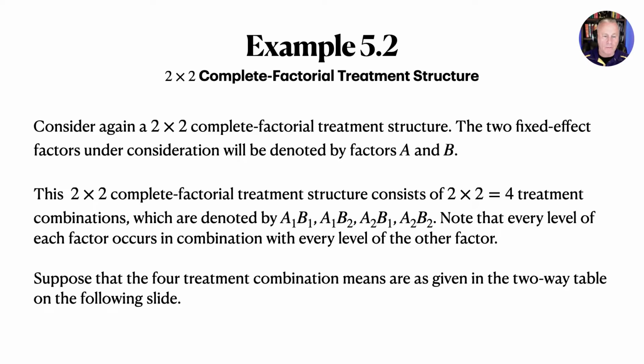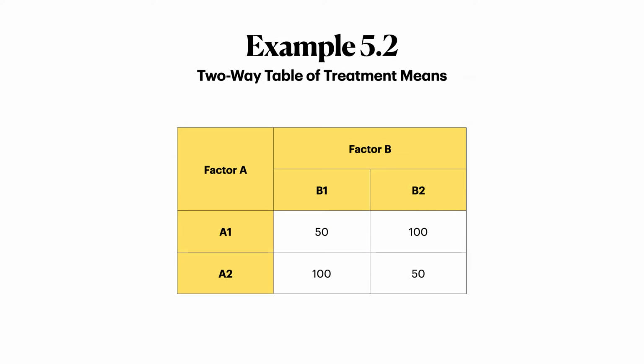Now suppose that the 4 treatment combination means are as given in the two-way table on the following slide. And so the mean of the treatment combination A1B1, which is denoted by mu11, is 50. The mean of the treatment combination for A1B2, which is denoted by mu12, is 100.